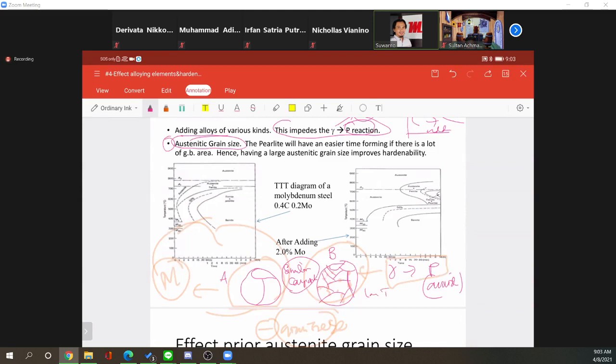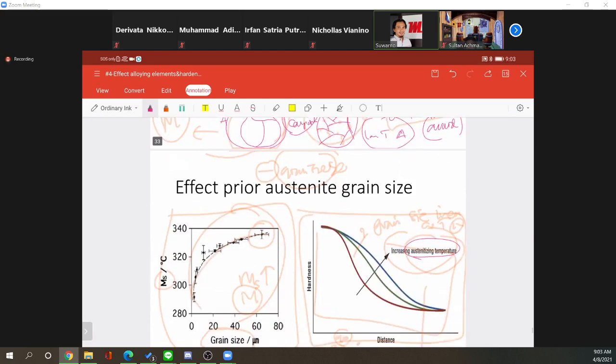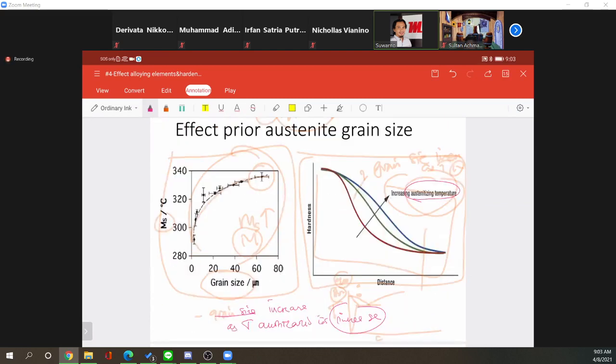If you have a low austenitization temperature, you have something like that. If you increase further, your grain size will grow, and it is easy to be hardened. So basically, this is just the effect of grain size. Increasing the austenite grain temperature will increase the grain size, and you have increasing hardenability.